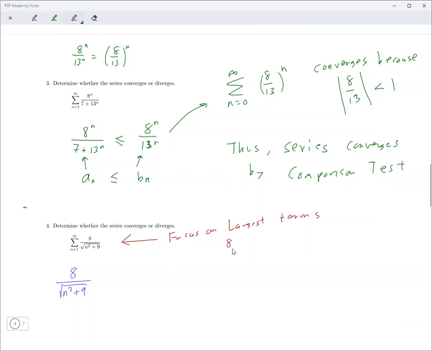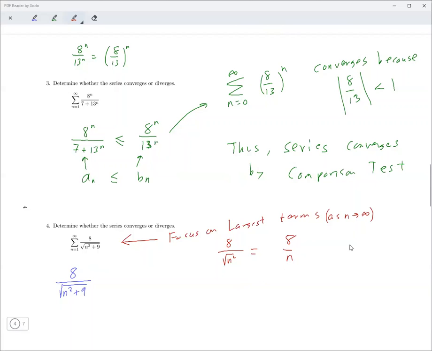By that, I mean the largest term in the numerator and the largest term in the denominator, as n is going up to infinity, as n is growing larger and larger. When you're starting out, the n squared is going to be less than 9, right? But soon, as you start going off to infinity, this overtakes the 9 and dwarfs the 9. So you just look at this right here, and that is 8 over n.